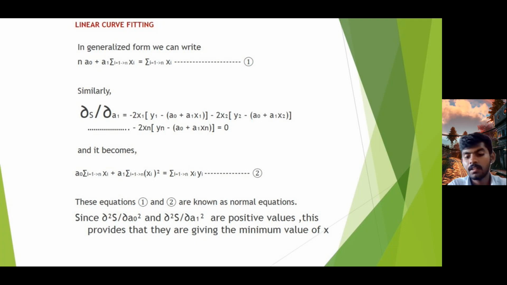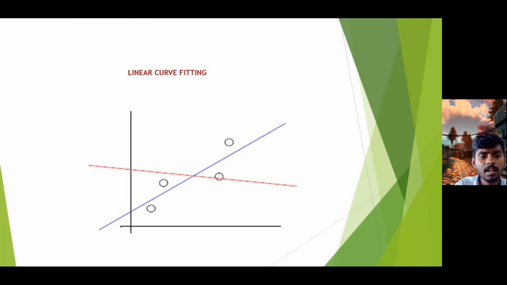We substitute the values and solve for a1 and a0, and we get a line equation in this form, which nearly passes through the data points.